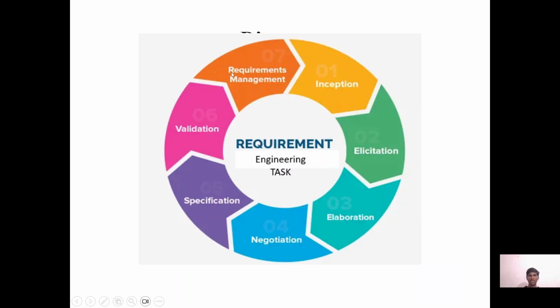The requirement task is a sequential flow. It starts from inception, elicitation, elaboration, negotiation, specification, then validation, and at last requirement management.